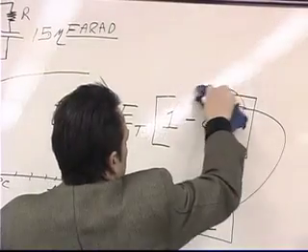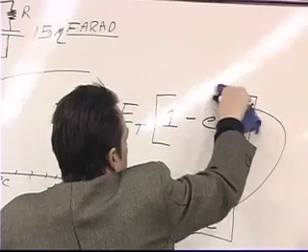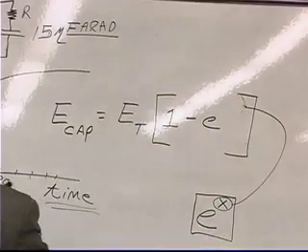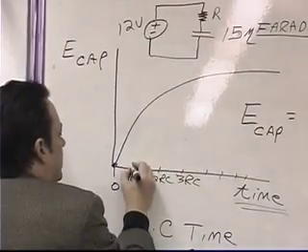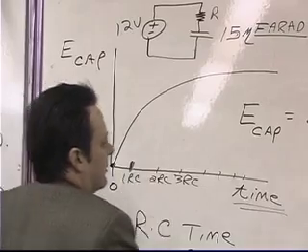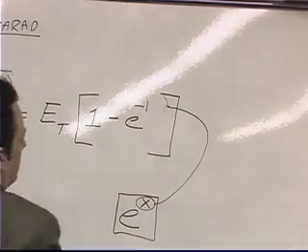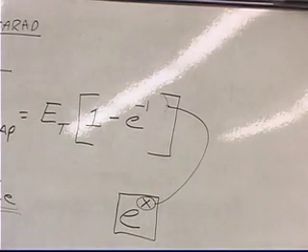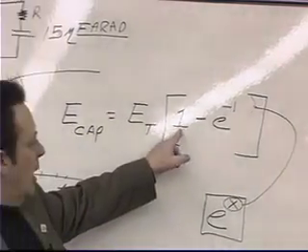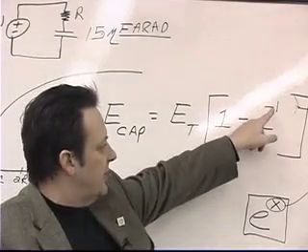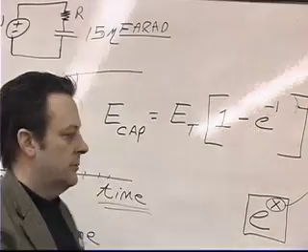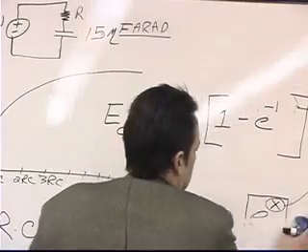Exactly. So at this instant in time, this exponent is a negative 1. Now, can anybody put in their calculator 1 minus e to the negative 1 power?